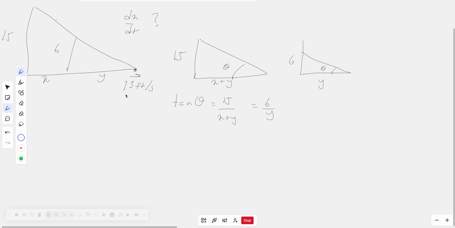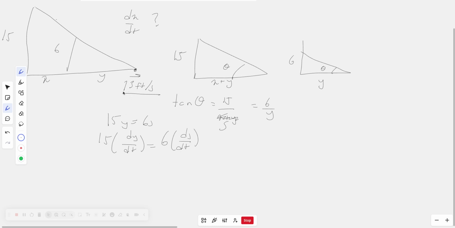So because we're given that the tip of the shadow is moving at a rate of 13 feet per second, we can represent the distance from the tip to the street light as a different variable. We'll call it s. And then we can simplify. 15 times y is equal to 6 times s, and we can differentiate now to get 15 times dy over dt is equal to 6 times ds over dt.